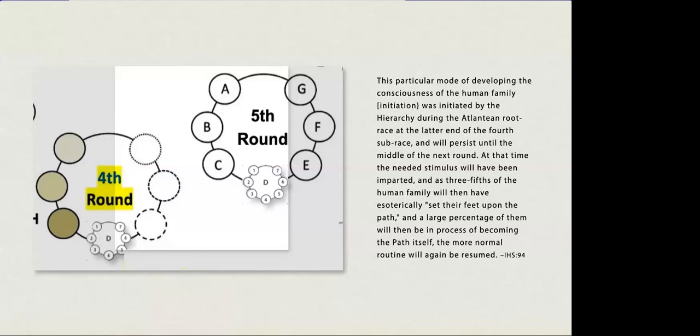At that time, the needed stimulus will have been imparted, and as 3/5 of the human family will then have esoterically set their feet upon the path, and a large percentage of them will then be in process of becoming the path itself, the more normal routine will again be resumed.